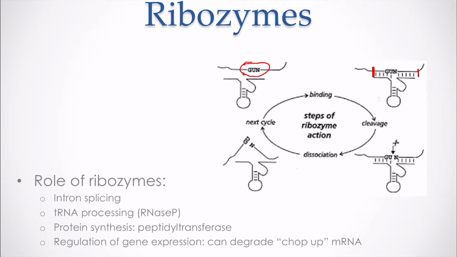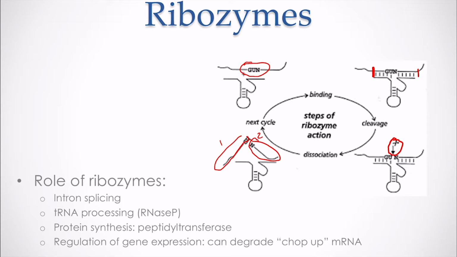The binding is going to be upstream and downstream of the actual target, but it's going to identify some sequence where it can cleave. And then you're going to get 2 products from that cleavage. So here's 1 and here's 2. And those 2 products from the cleavage are going to be the purpose of that ribozyme. In the case of introns, you're going to splice out introns, and then you're going to want the exons to be brought together.